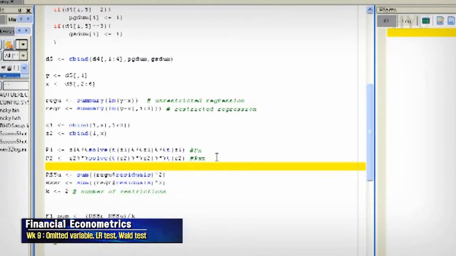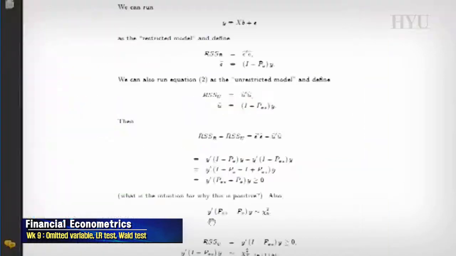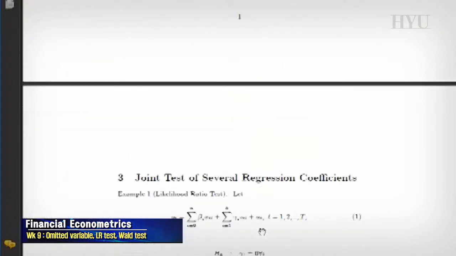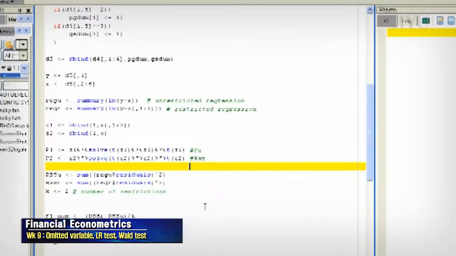It is a projection matrix on both X and Z. In the class notes, we have this X part and Z part. So unrestricted regression is projection on the plane spanned by both X and Z, and restricted regression means projection on the plane spanned only by X. So there are the projection matrices.